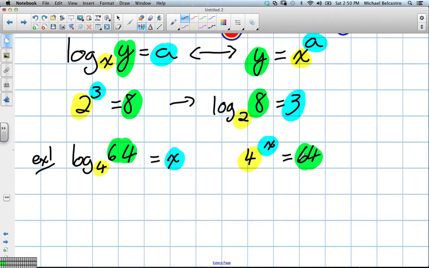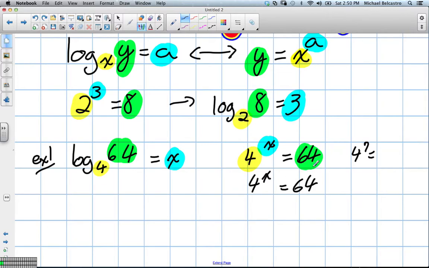So now I can think of this a little more in terms of what I'm used to working with. 4 to the power of what is equal to 64? Do you happen to know? Is it 6, 7? Well, if we did 4 to the 7, I'm going to tell you right now, it's a huge number. 4 to the power of 7 is 16,384.